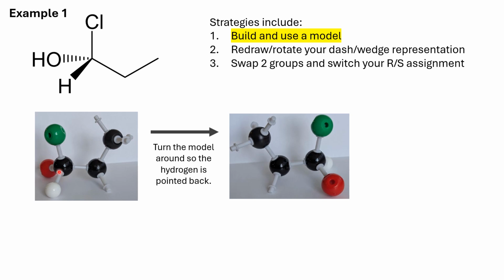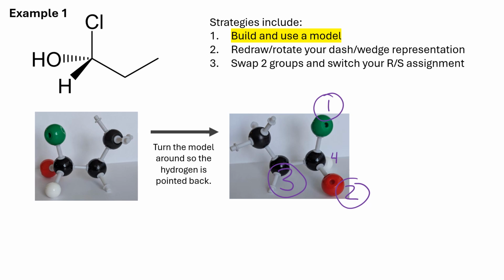So this model tracks, but the problem is the hydrogen's coming towards us. We cannot assign R and S when it's like that. So all I did was take this model in my hand and turn it around, putting that hydrogen going away from me. Now the model is perfectly useful for what we need to do. We can assign priority. We know chlorine is the highest priority group, then oxygen, and then the CH2CH3.